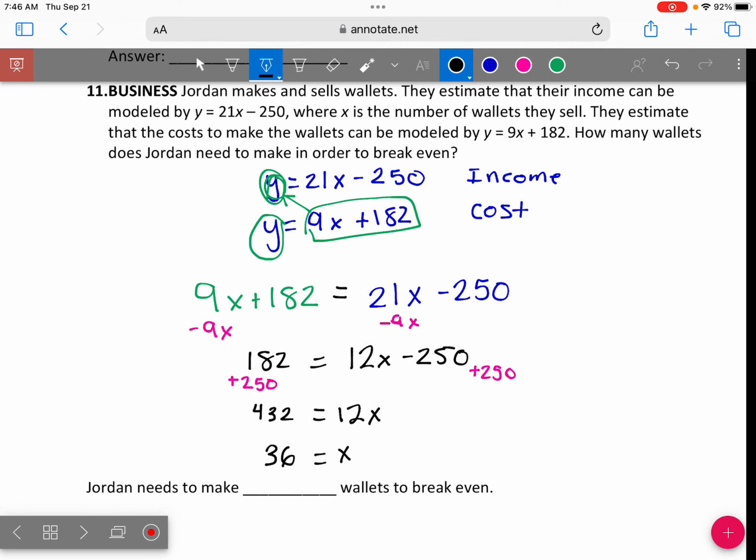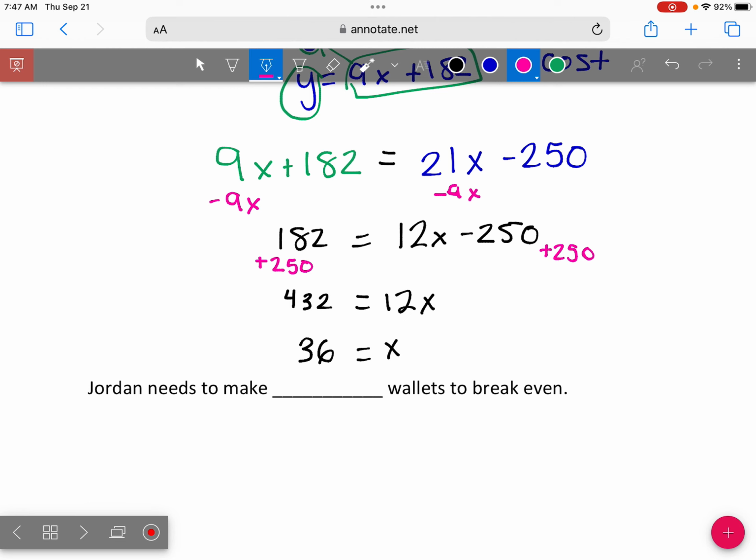Do I need to go back and solve for y? Are we asked about that? Or are we only asked about how many wallets? Yeah. Only asked how many wallets. If you want to go back and figure out what the cost or what the income would be at that point, that's totally fine. You can. But all we're asked is how many wallets does he need to make? 36 wallets.